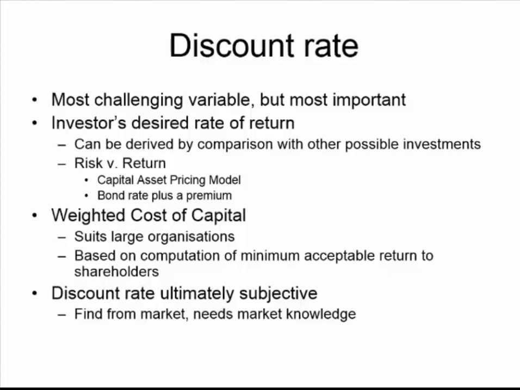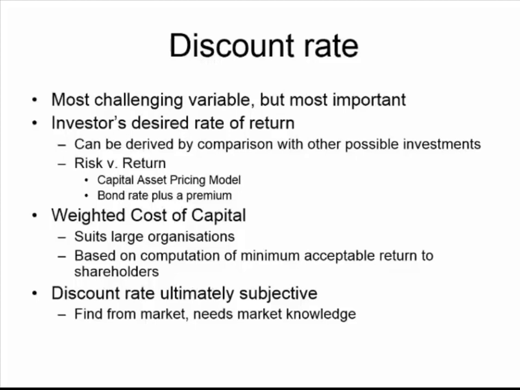However, there are a few hints and pointers that we can use. It can be derived by comparison with other possible investments. And so if your investor is considering this property versus that property, and we can work out a discount rate for that property, then you can import that as the expectation for the subject that you're analysing.